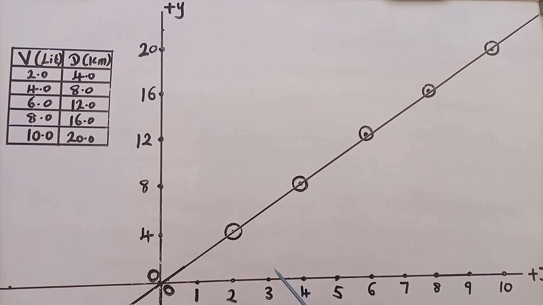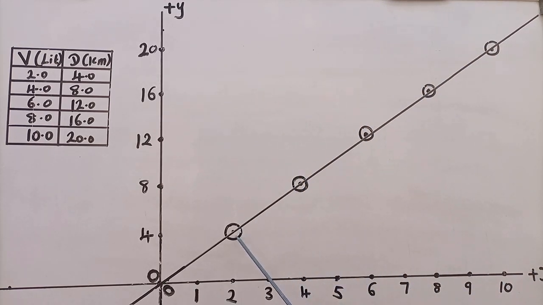Take, for instance, if we have known before that 2 liters will make a distance of 4 kilometers, and a volume of 4 liters will make a distance of 8 kilometers, and a volume of 6 liters will make a distance of 12 kilometers, and a volume of 8 liters will make a distance of 16 kilometers, and ultimately a volume of 10 liters can make a journey of 20 kilometers.